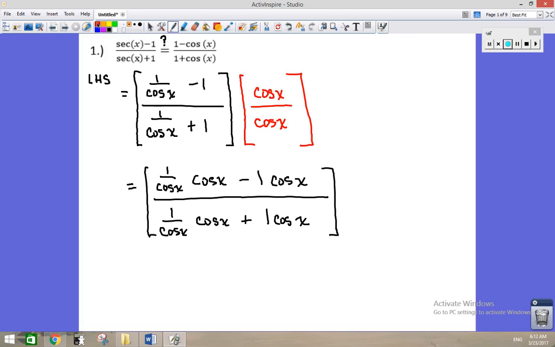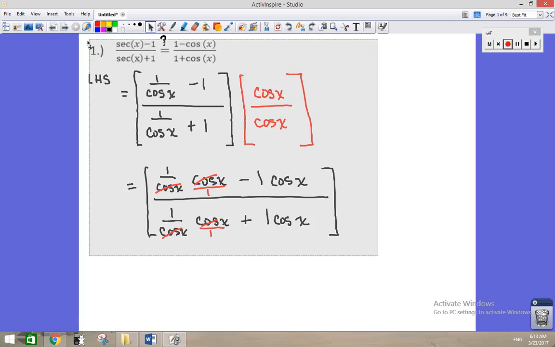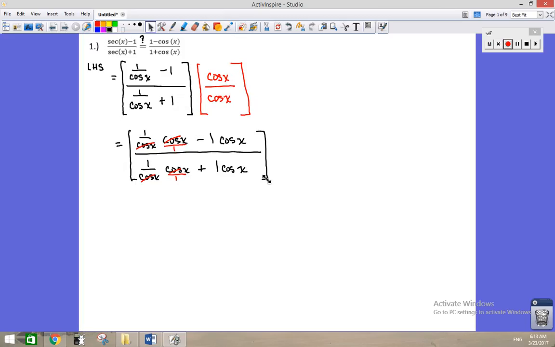Well, these are inverses of each other. Cosine divided by cosine is 1, because you can look at this cosine as cosine over 1, and when you multiply inverses, as long as you don't have a denominator of 0, the product is 1.